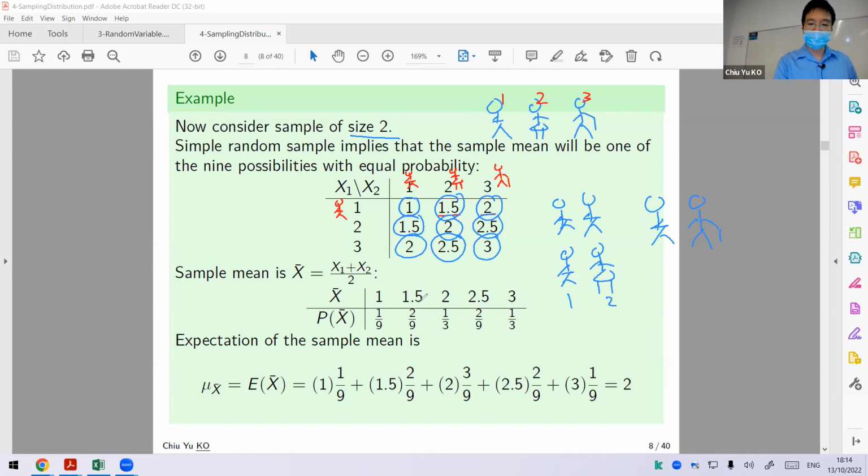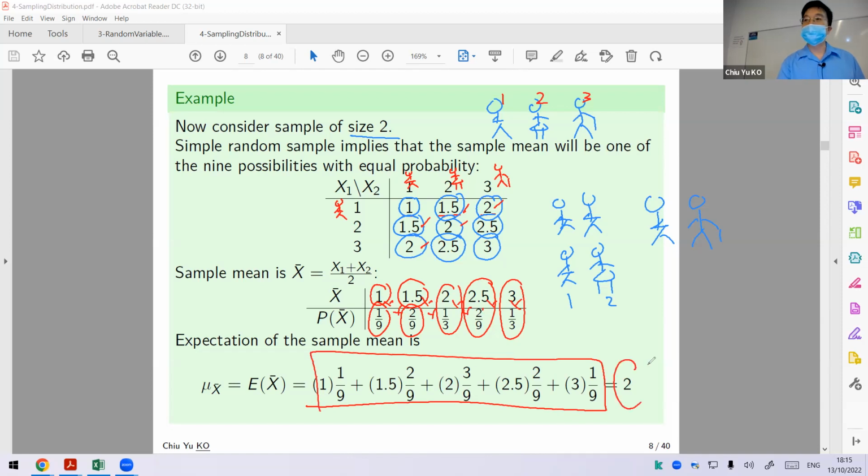In that case, I calculate the sample mean. There is 1 with probability 1/9, since it only appears once. And 1.5 appears twice, so 2/9. Then 2 appears 3 times, so 3/9, 2.5 has 2/9, and 3 has 1/9. Then for the expectation of the sample mean, you multiply and add them up, and you can check this is actually 2.